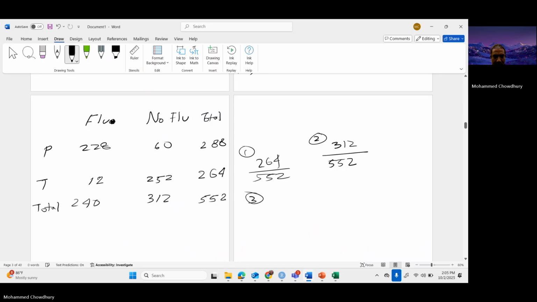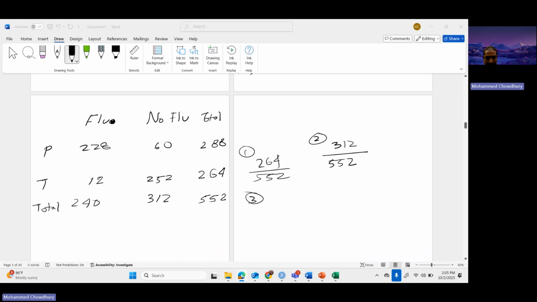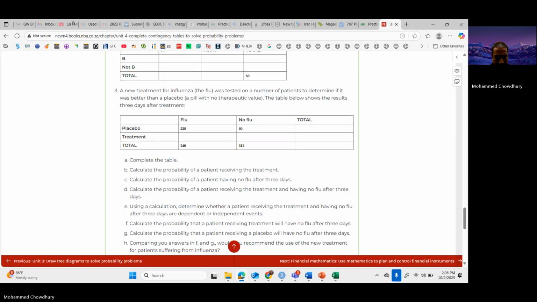Number 3. Calculate the probability of a patient receiving the treatment and having no flu. Treatment and having no flu, which is equal to 252 divided by 552. Number 4. Actually, number 5.